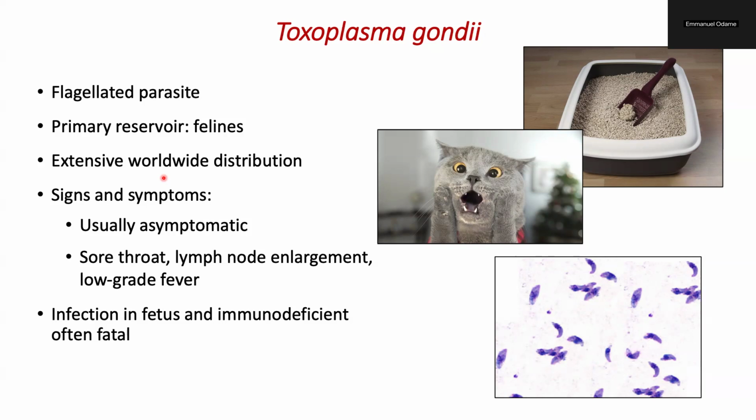Some of the signs and symptoms include usually having asymptomatic infections, and you have sore throat, lymph node enlargement, and low grade fever, which is very subtle. Infections can be in the fetus, and also in immunodeficient patients, who are more prone to getting this infection. Obviously, it will mostly lead to fatality in these patients.